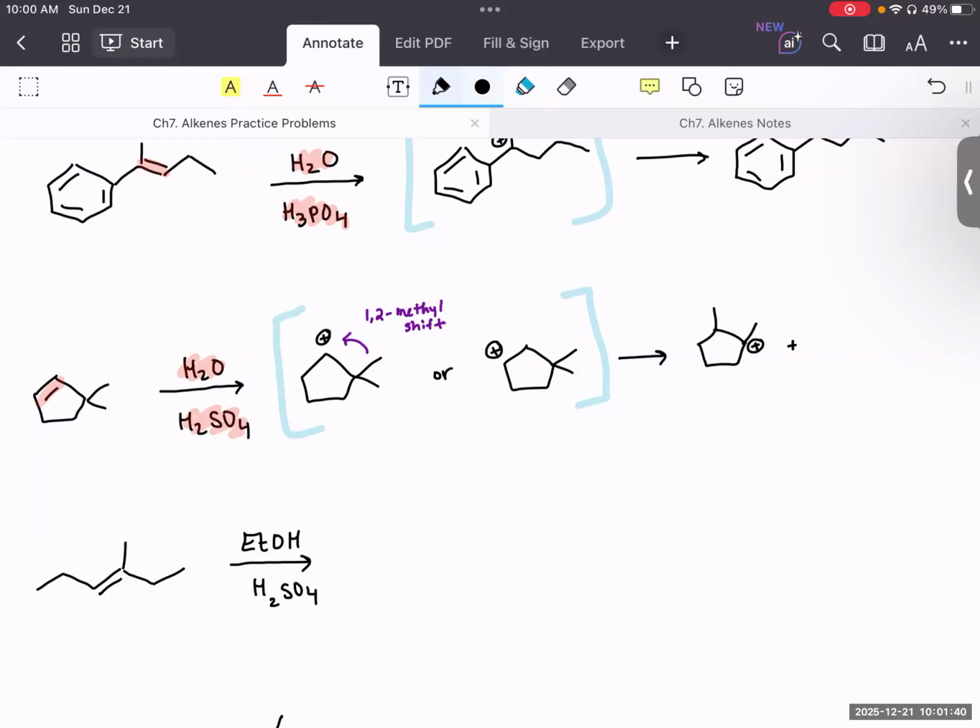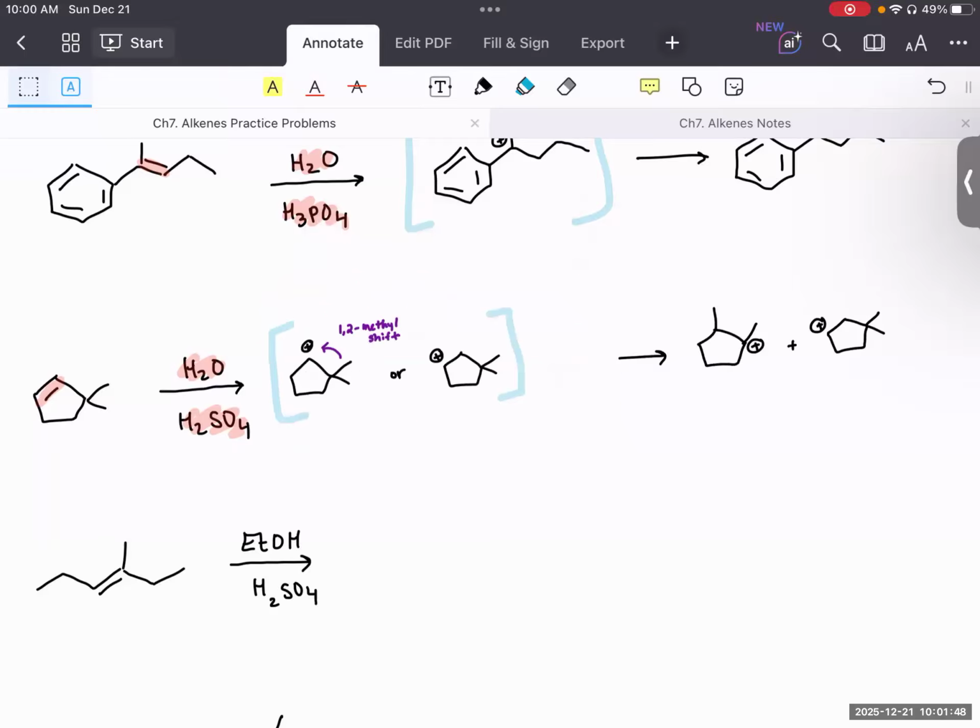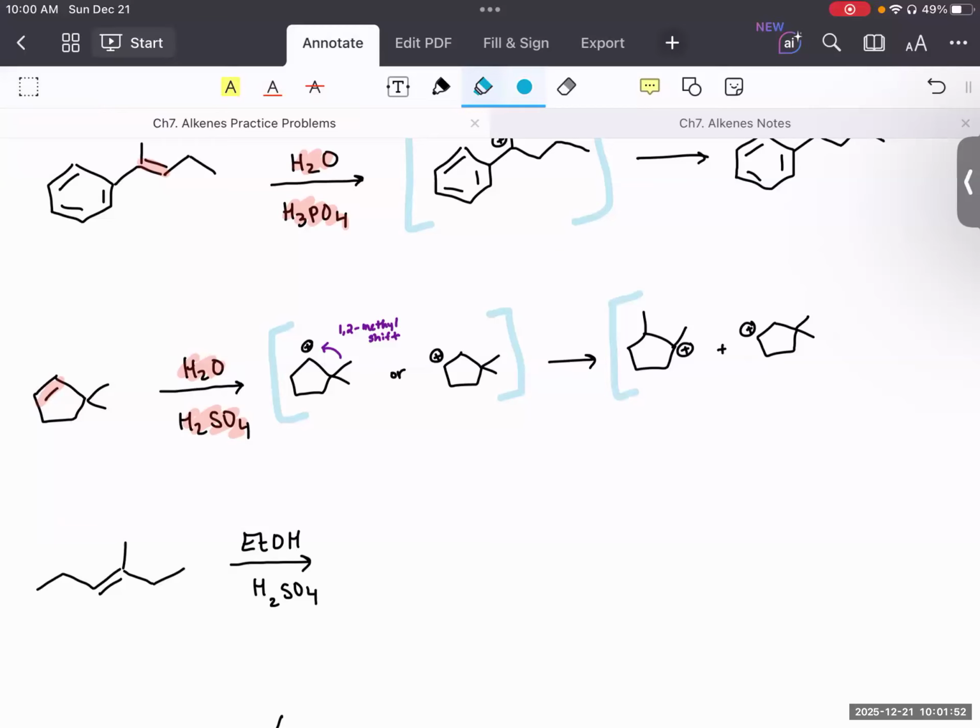And so for this one, these are going to be our two carbocation intermediates that we can get. And so for our final products, we want to add on OH to both of those positions. And so our final products will be this, plus this.